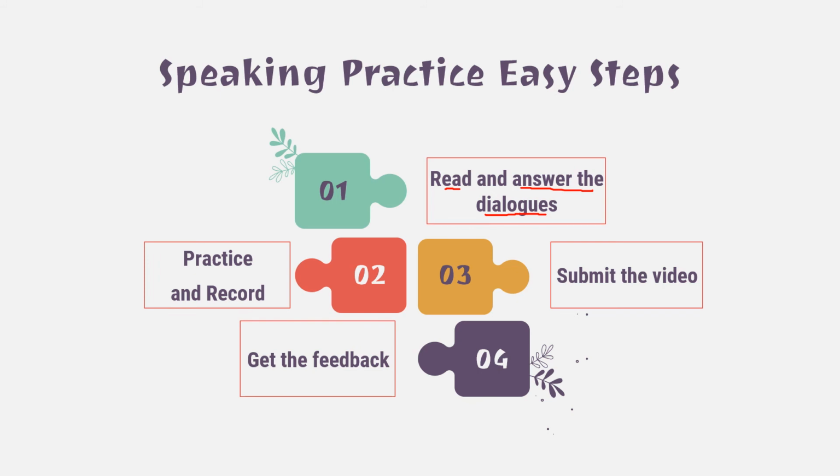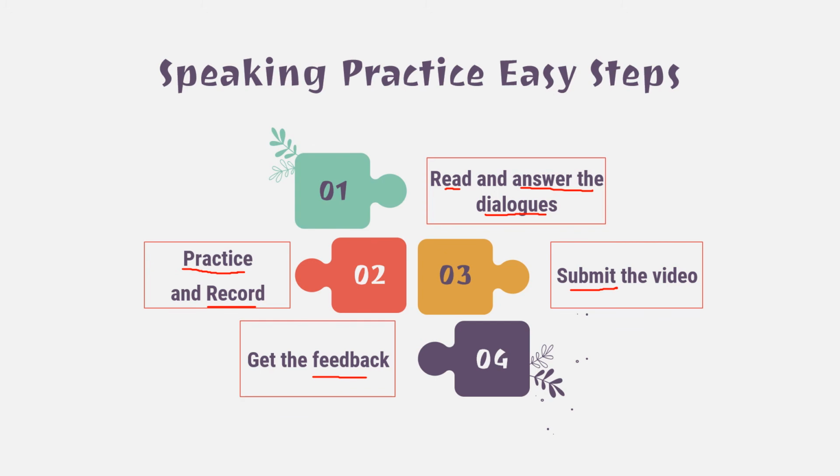After you answer, you practice with your mom or your dad or somebody who can help you, and then also record into a video. Okay? And then three, after you're done, you submit the video through WhatsApp, and then after that, I'm gonna check it and then give you the feedback. You're gonna get your feedback.